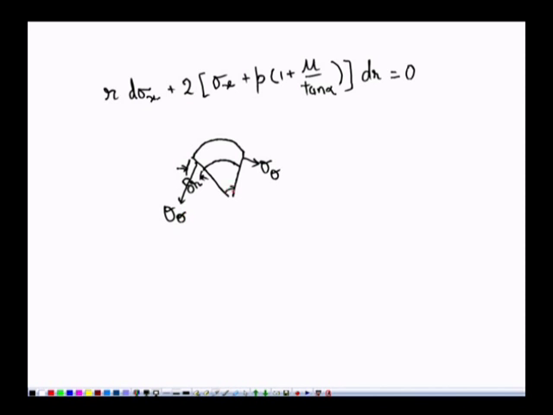And here the small angle that we are considering is d theta. So, we have a strip here.